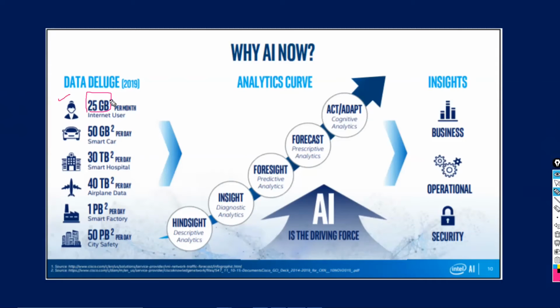And even if you're not connected to the internet, you generate data. You go to Big Bazaar, you buy something, you're generating data. You go to a website, you are generating data. Even offline, you're generating data. There is a CCTV camera in your colony, you're generating data. And all the data is collected.